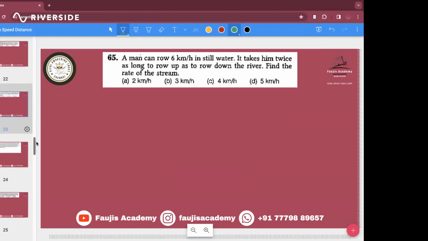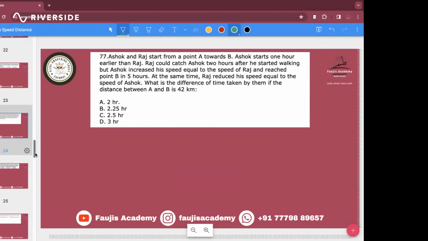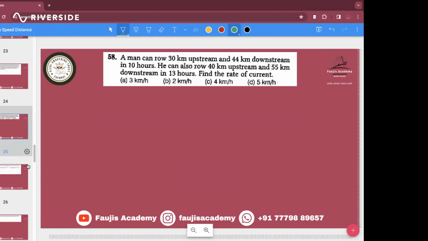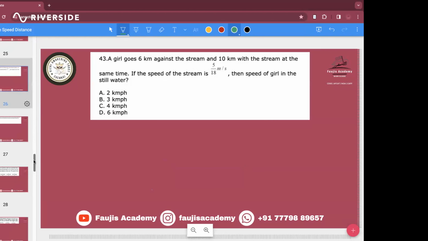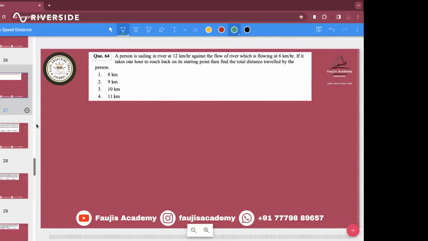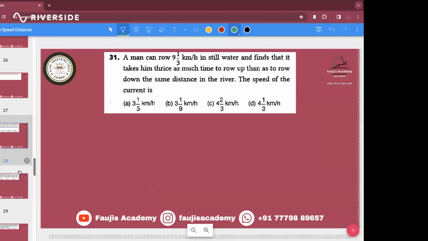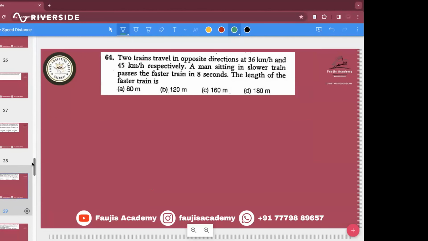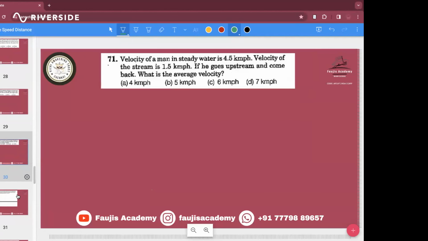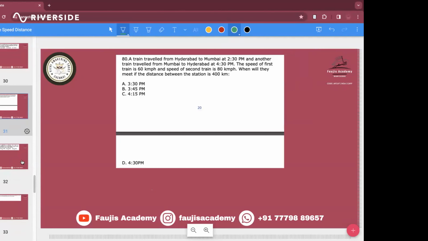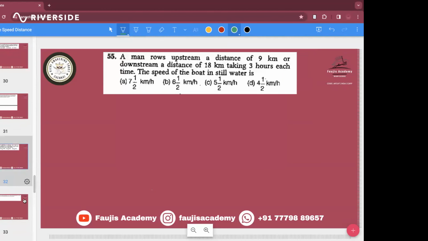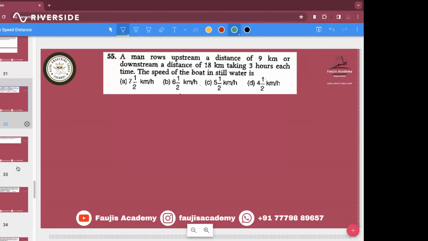This one is also easy, not easy, a little bit calculation intensive. This one either.